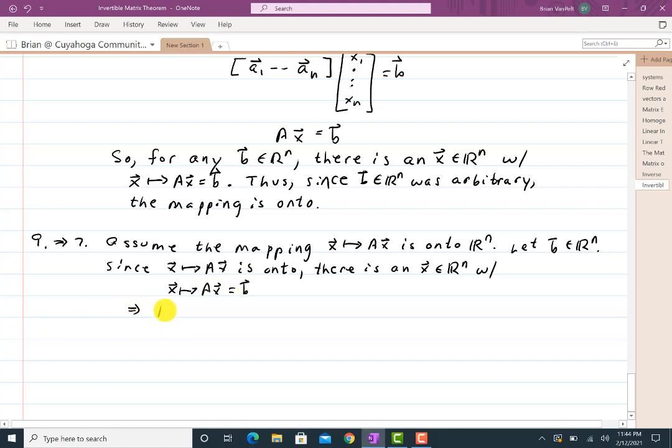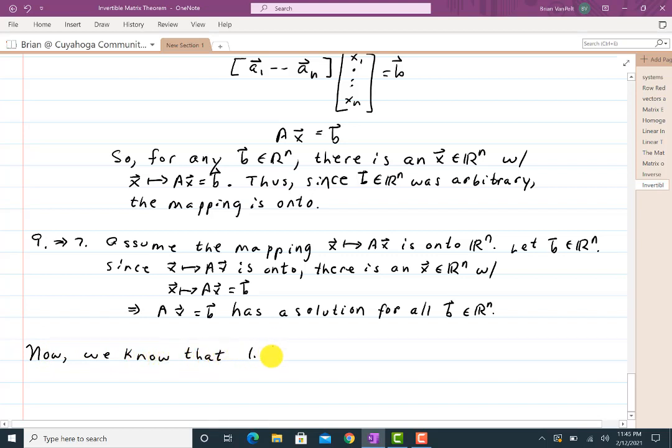This implies that Ax equals b has a solution for all b in Rn. Now we know that 1 through 9 are all equivalent.